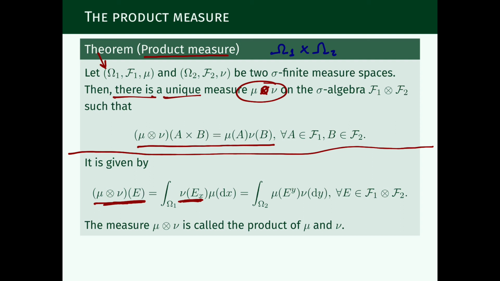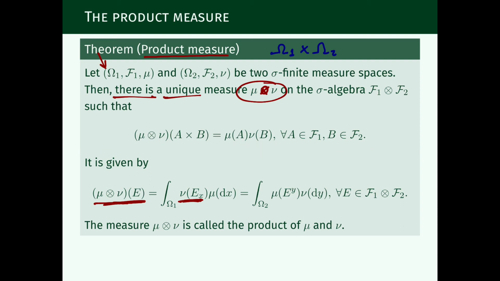So this means, if I can zoom in here to make a picture, for each x that we fix, we can consider a set E, for any set E that is in this product sigma algebra. We can compute this measure here.